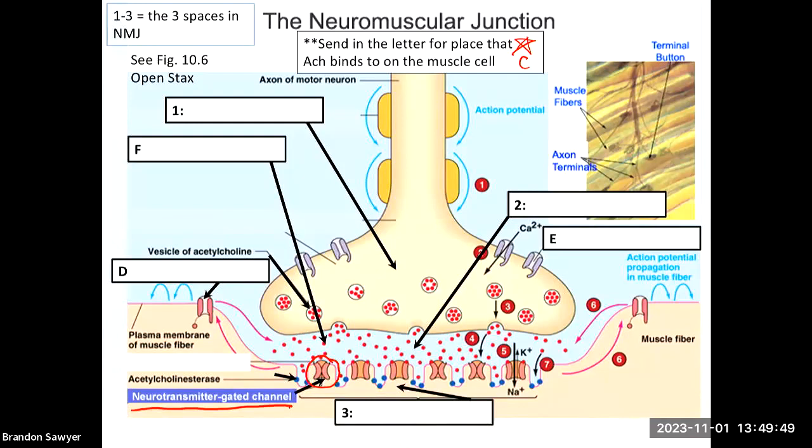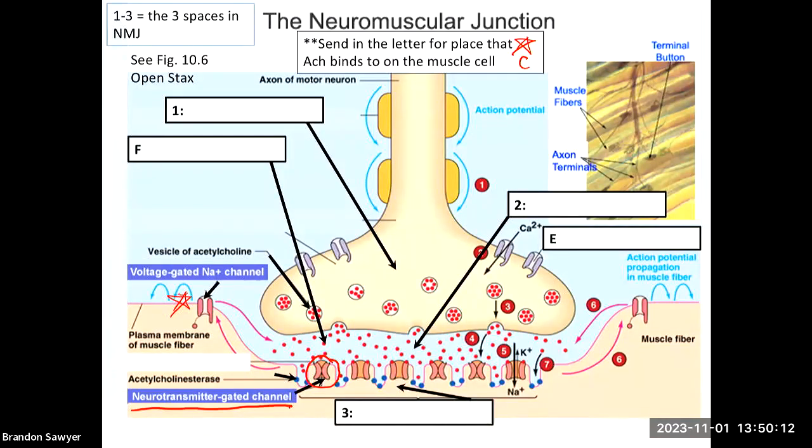Okay, what else we got? We got D. D is a different type of ion channel that we're going to talk about pretty soon, called a voltage gated sodium channel. Another version of an ion channel lets ions pass through, but the thing that changes its state, opens or closes it, is a change in voltage in the membrane, not something binding to it. When something binds to it and changes its state, that's called a ligand gated ion channel.